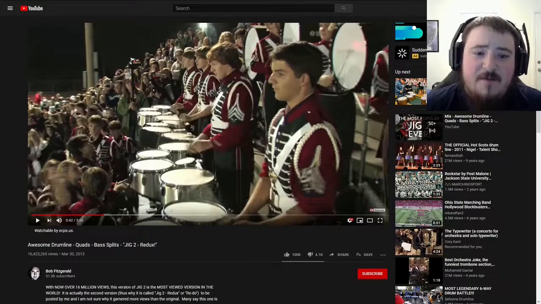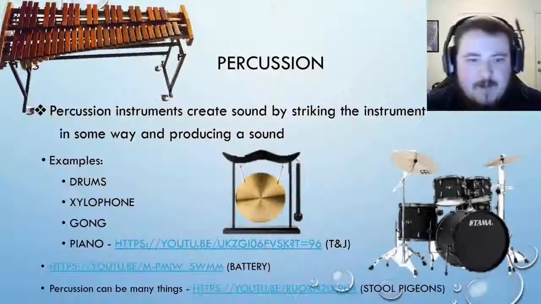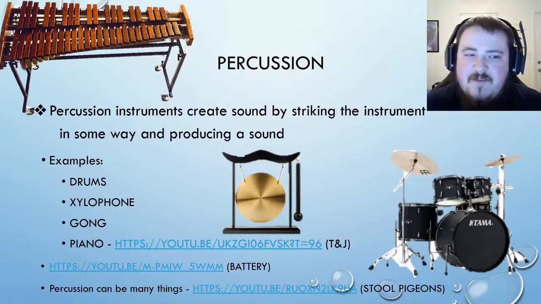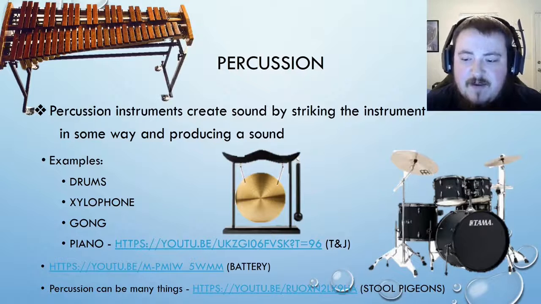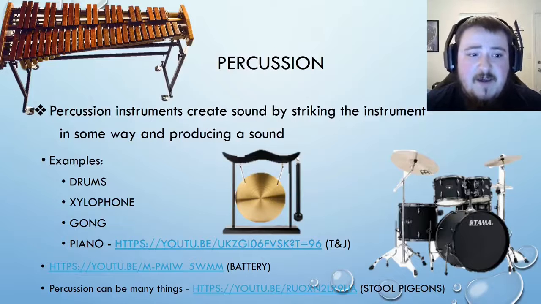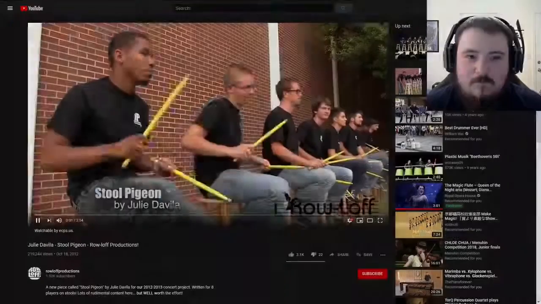So these drums are percussion instruments. Now, percussion doesn't have to be relegated to the normal instruments that you see. Percussion instruments could be many different things. For example, this next video is actually a piece that I worked on with some students in the past, and it was weird, but they really enjoyed it.